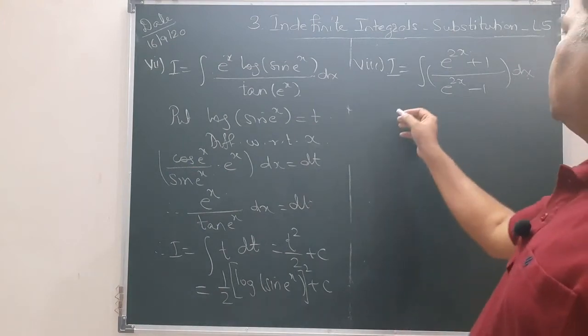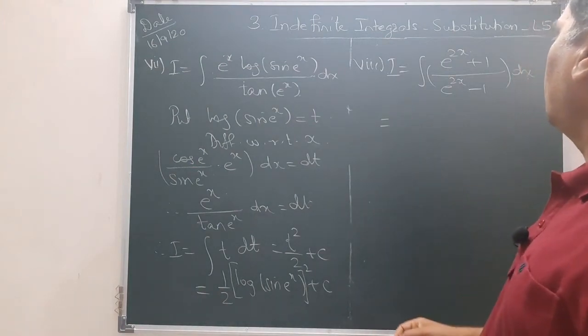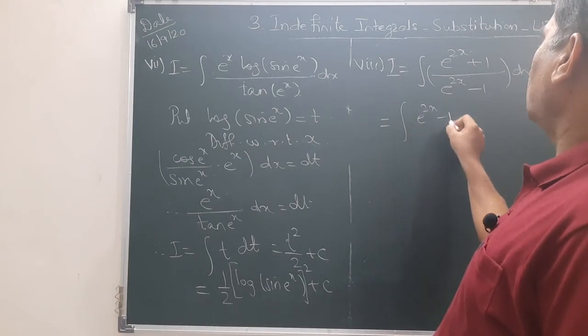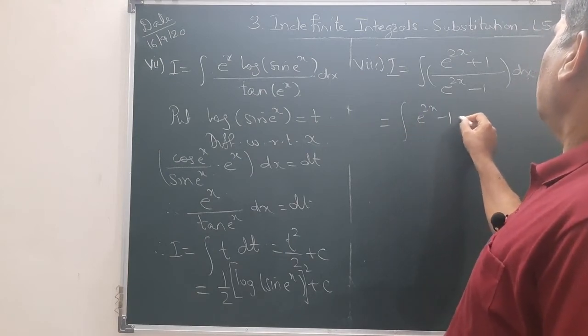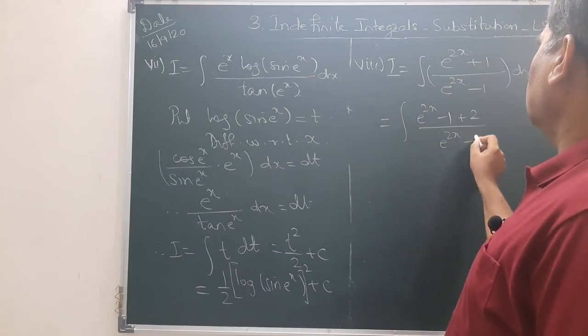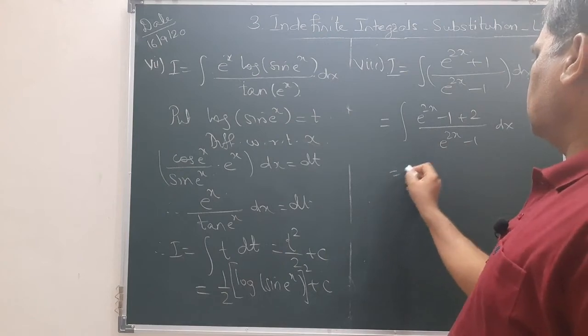So firstly I can write this as e raised to 2x minus 1 plus 2 upon e raised to 2x minus 1 dx.